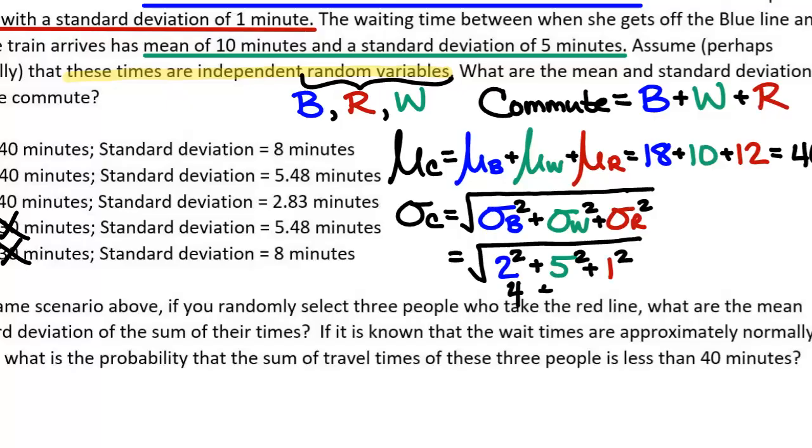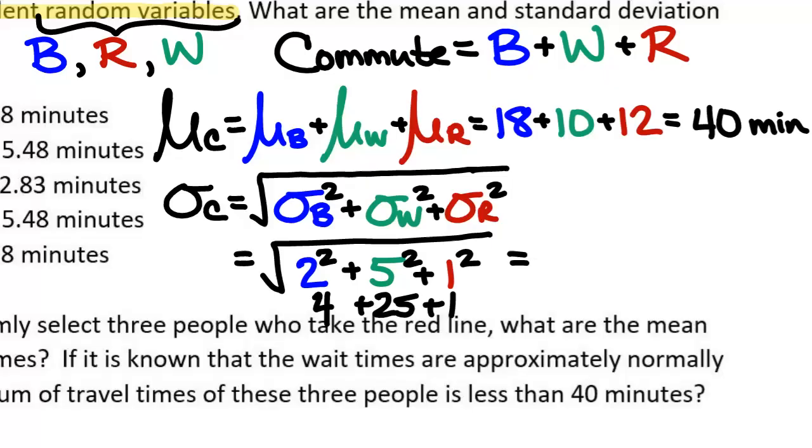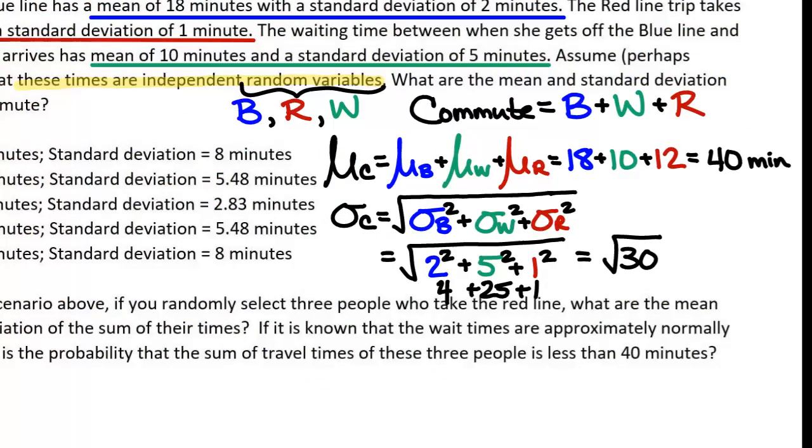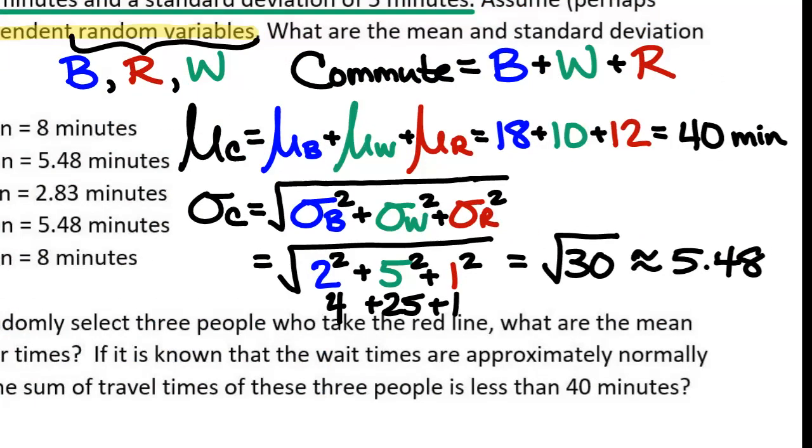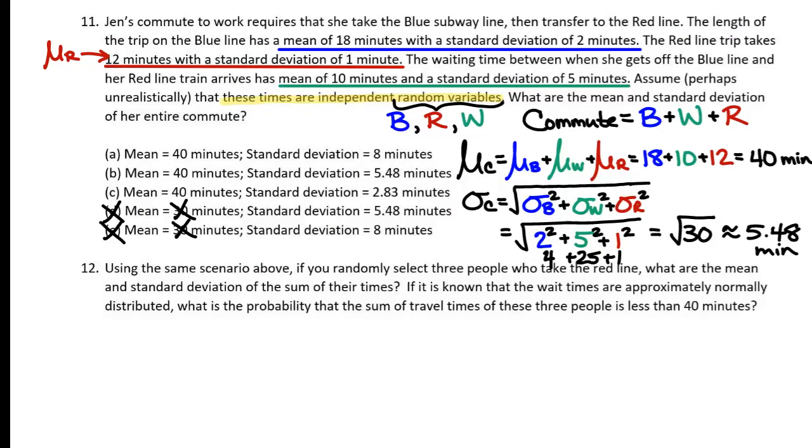So I'm going to add 4, 25, and 1 together, and we get what? Square root of 30. Square root of 30 is about how big? It's about 5.48. So this would be option B.